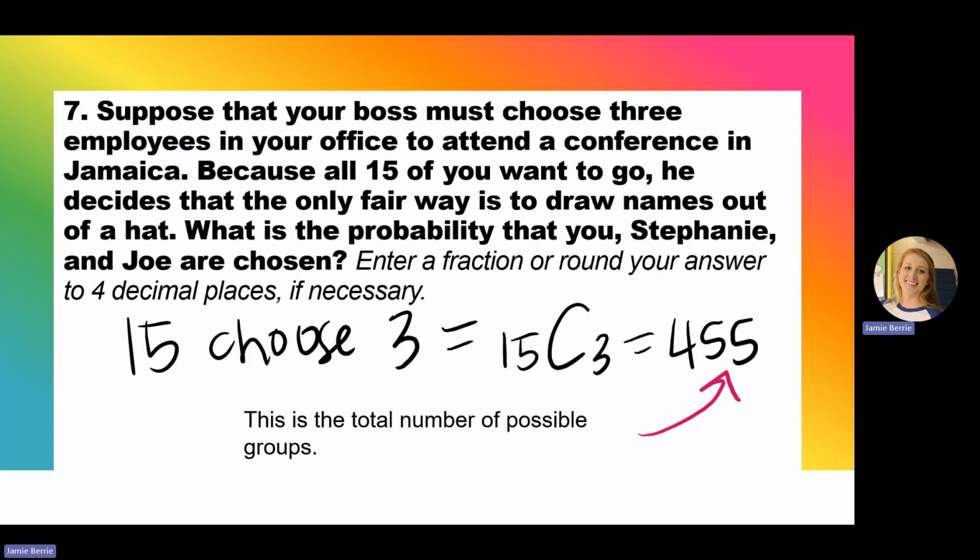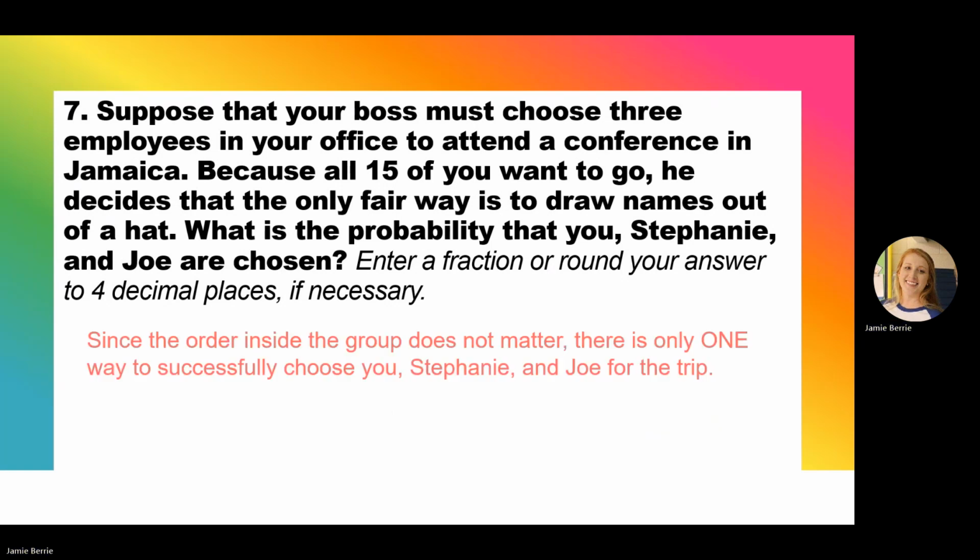That's like when we were talking about it could be you, Stephanie, and Joe. It could be you, Stephanie, and Nia. It could be Stephanie, Joe, and Nia. So there's 455 different groups that might get to go on the trip. Since the order that you choose the people inside of that group does not matter, there's only one way that you can successfully get you, Stephanie, and Joe on the trip.